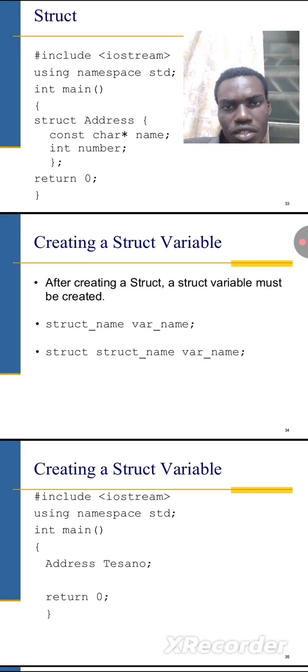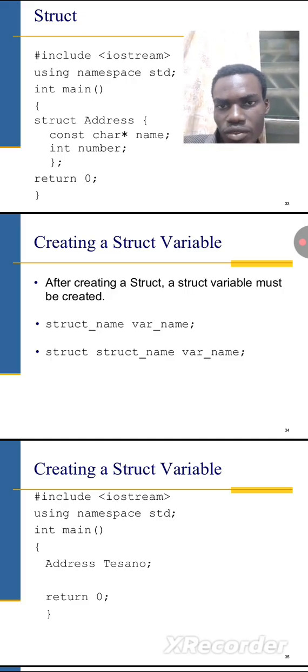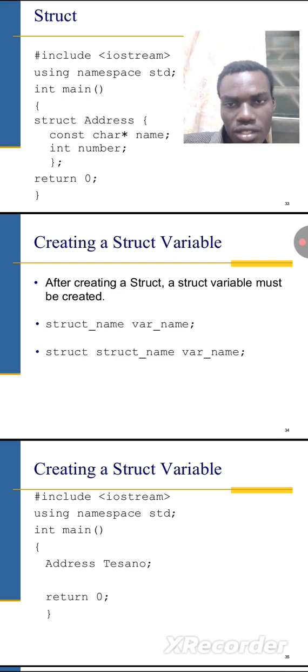So how do we create a struct variable? After creating a struct, a variable must be created. So you need to have struct and the name of the variable.